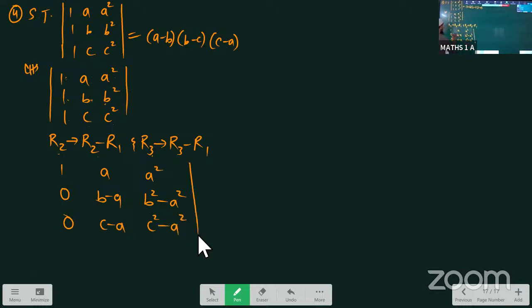So next again, here I am going to change. b square minus a square can be written as b plus a into b minus a, using the formula a square minus b square. In the same way, c square minus a square can be written as c plus a into c minus a.